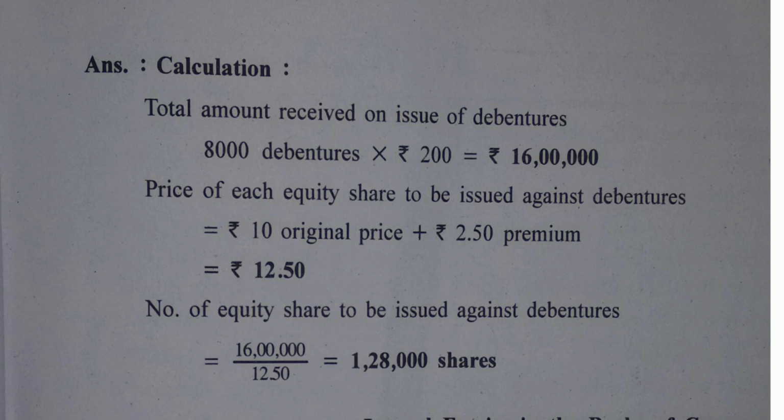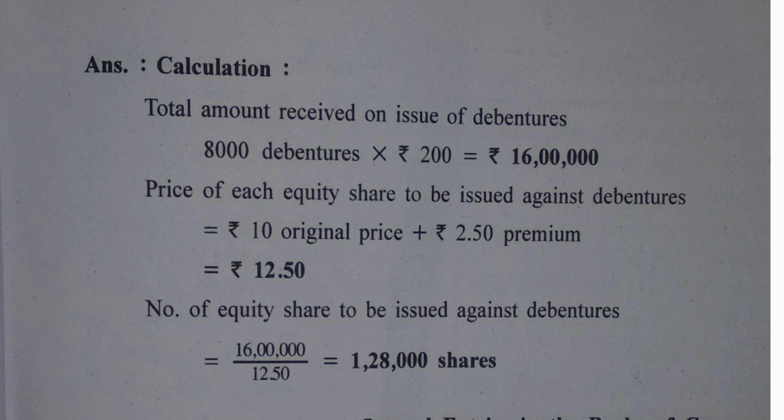So, the number of equity shares to be issued against debentures is 16 lakh divided by 12.5, so 1,28,000 shares. The company will have to issue 1,28,000 shares against the debentures of rupees 16 lakh, because these are convertible debentures.